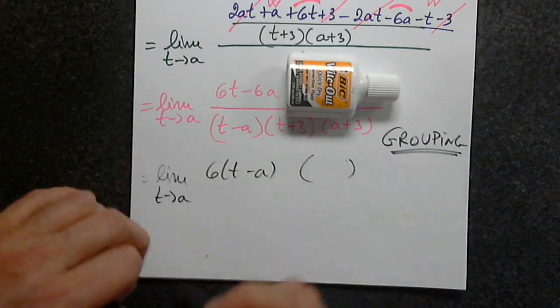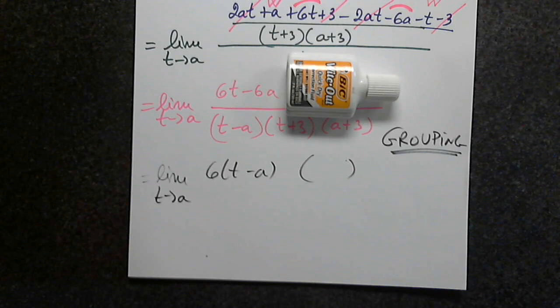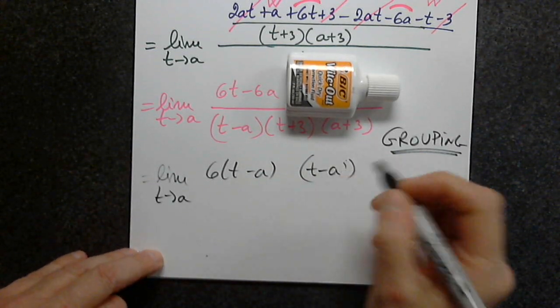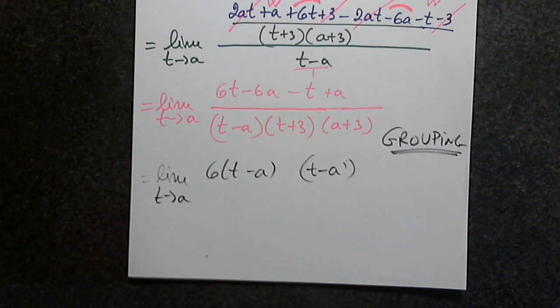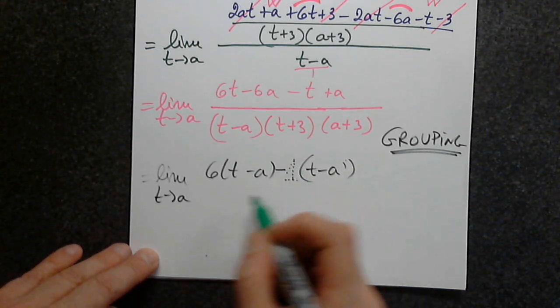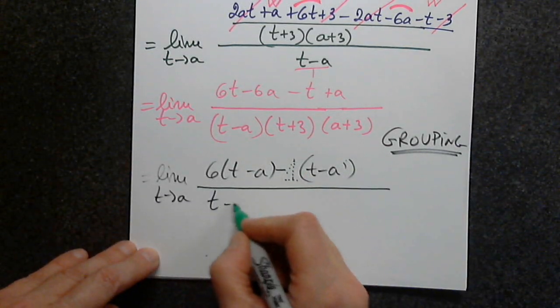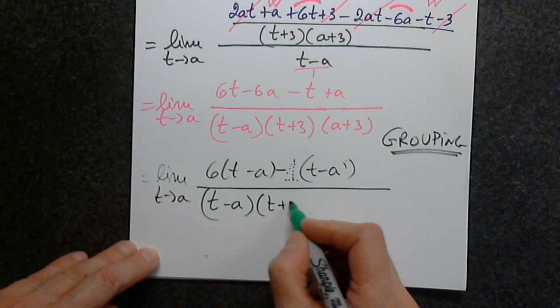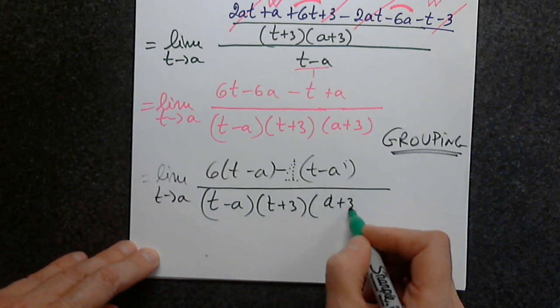What should I factor out from the other two? I refuse to look. Very good. Now I can look confidently, because otherwise who knows what I come up with. And then I can continue. So then what should I put in front? Very good. So then t minus a, t plus 3, a plus 3.